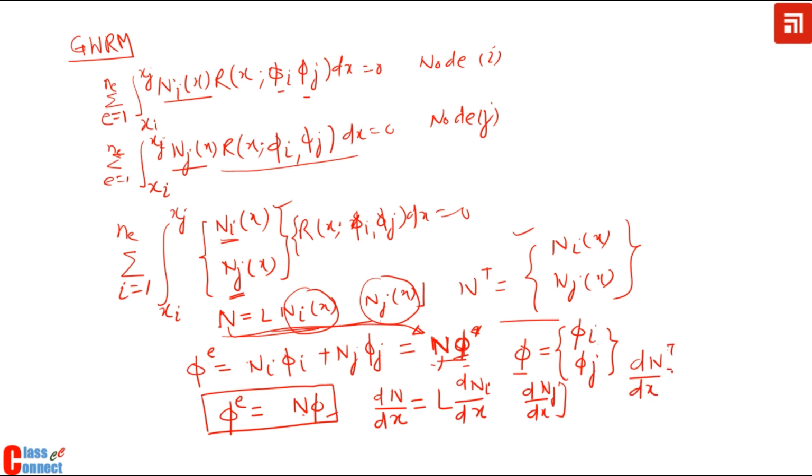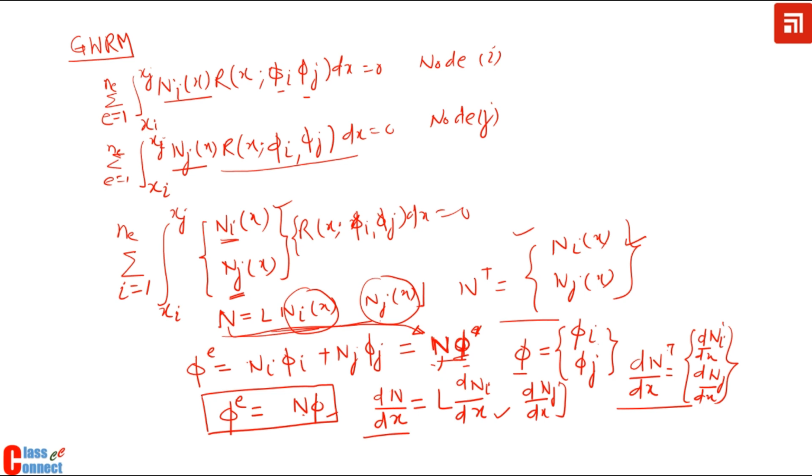The transpose dN transpose by dx is equal to the column vector. We can write down dNi over dx either from here or by differentiating, and dNj over dx. So we'll be using these terms quite a lot in our coming sessions.